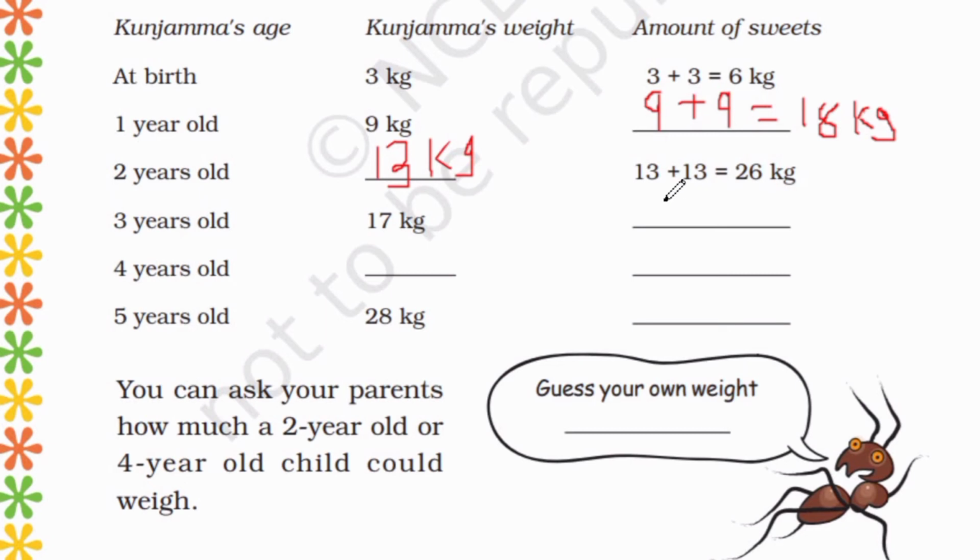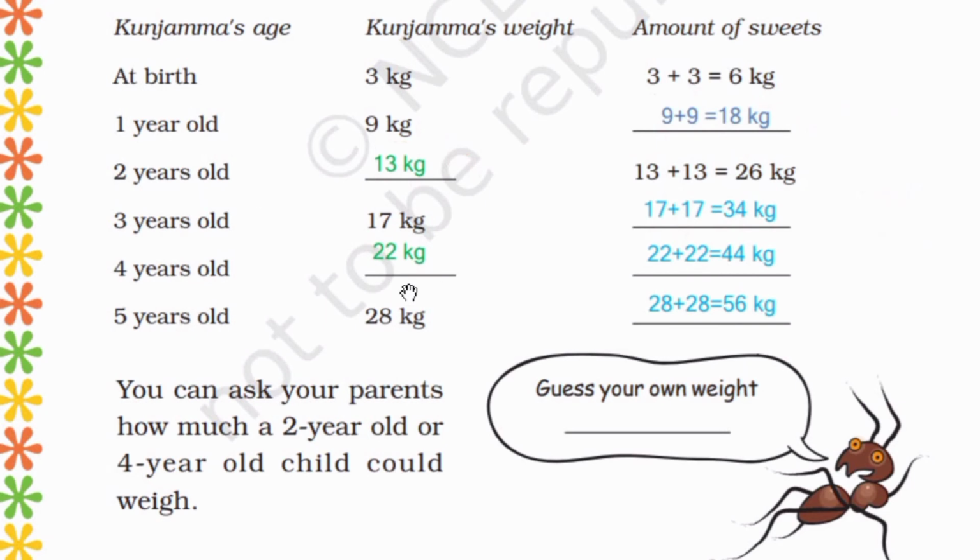Now 3 years old, 17 plus 17, 34 kg. 4 years old, 22 kilogram. 22 plus 22, 44 kilogram. 5 years old, 28 kilogram, and 28 plus 28, 56 kilogram. Guess your own weight right here.